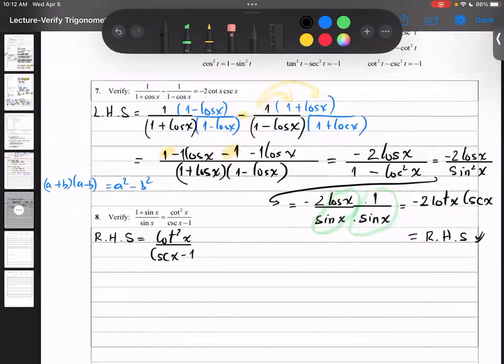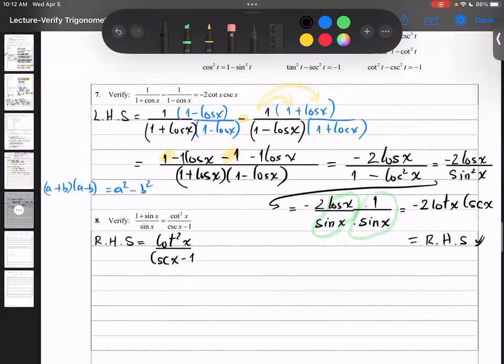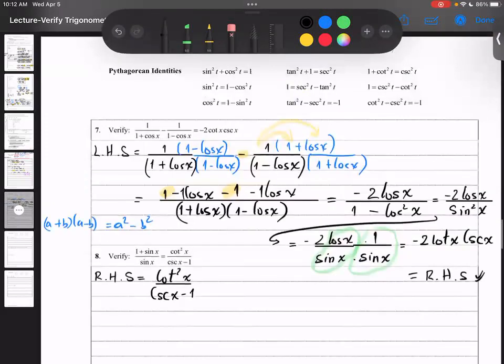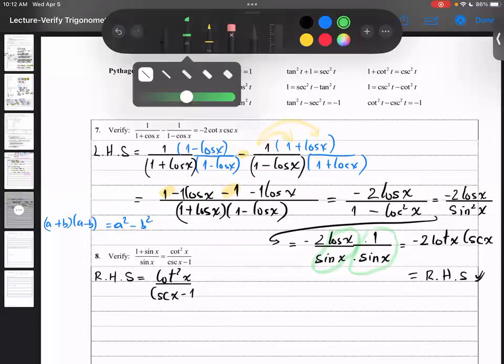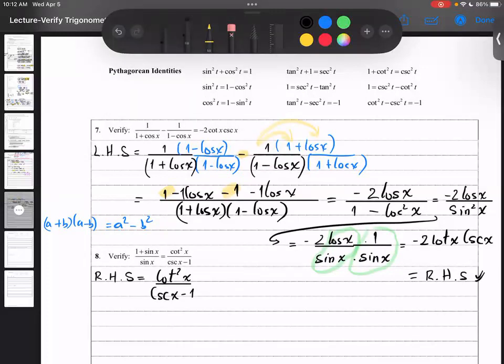First things first, you see cotangent squared x. You look at the identity, see if I can convert. Let's see, cotangent squared x, where is it? Maybe here. I guess it doesn't matter which one you pick really. That one, yeah.